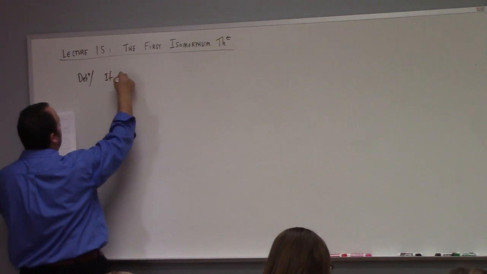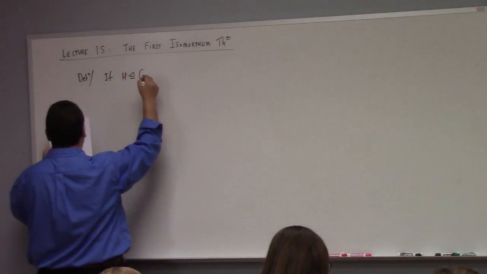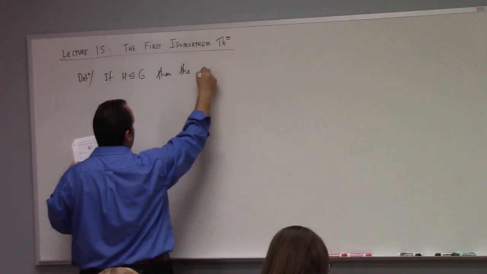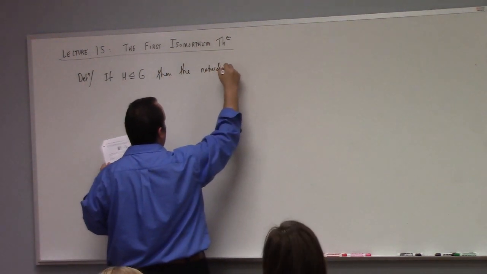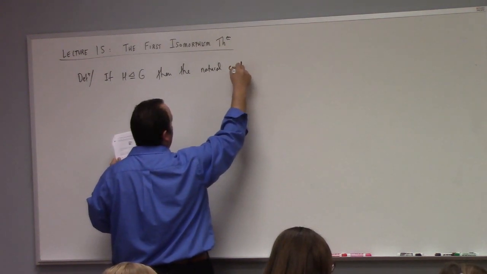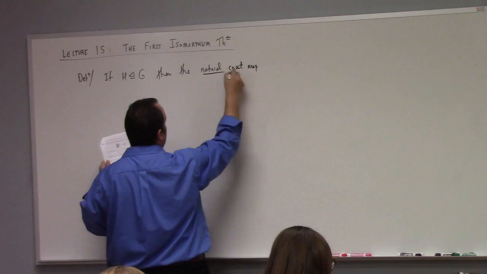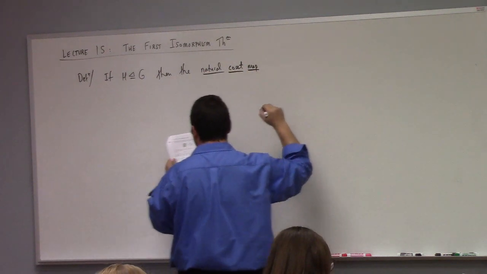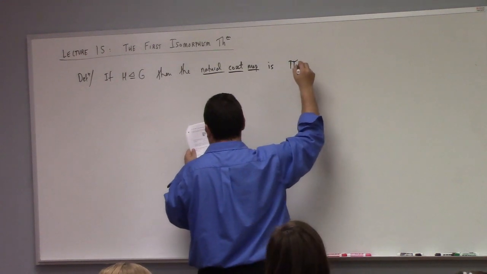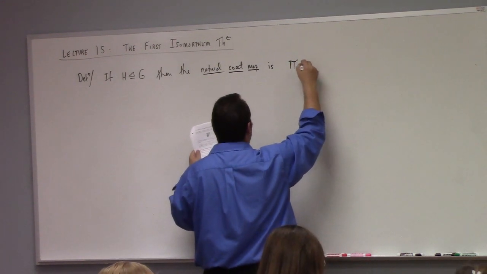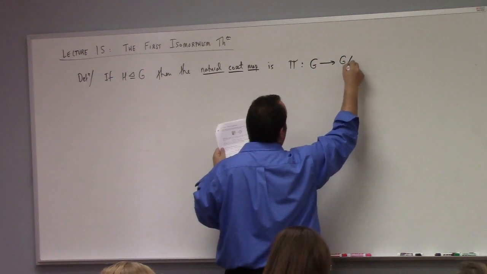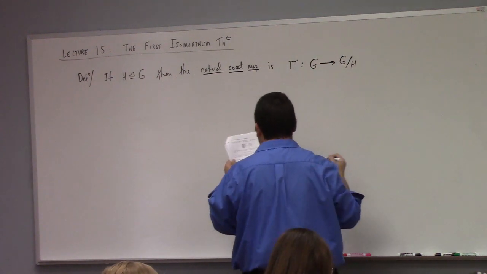If H is a normal subgroup of G, then the natural coset map, pi, goes from G to G by H, which is the factor group.